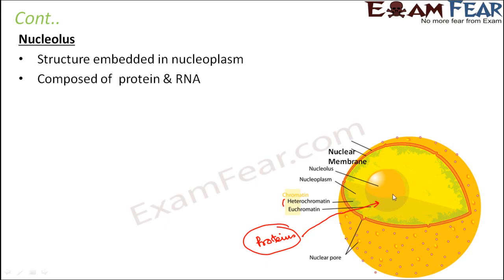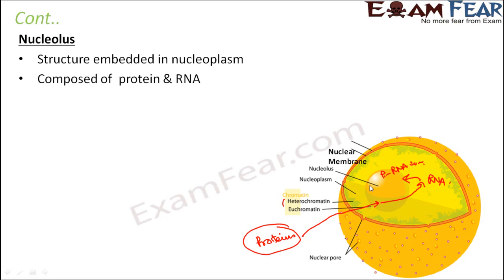Now, inside the nucleoplasm, the chromatin threads contain genes. This gene will form RNA, so the RNA molecules are loosely attached to the gene. When these proteins enter, they bind to the RNA molecule to form the protein RNA complex.